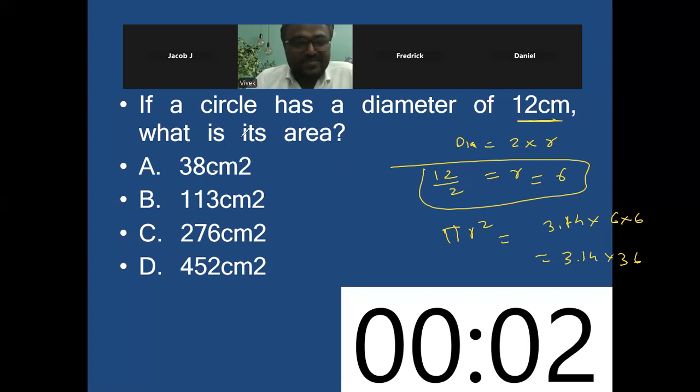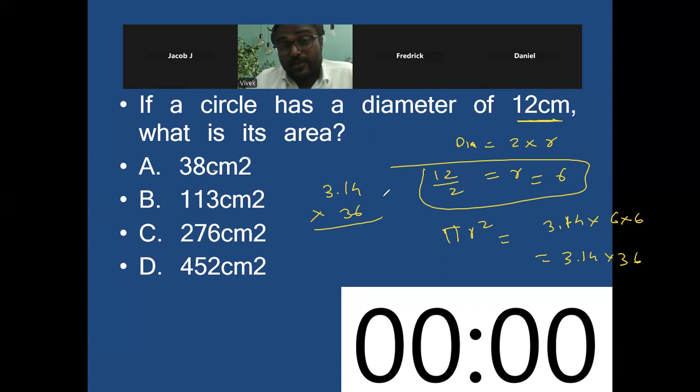Jacob got it right. Awesome. So if you multiply 3.14 times 36, and if you remember, we got 113.04. Last to last question. But let me do it for you again.